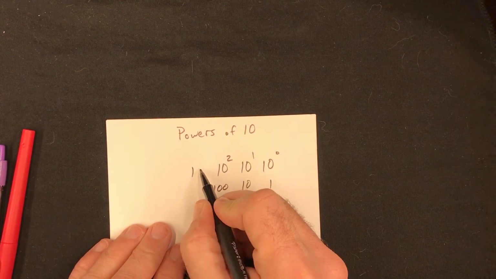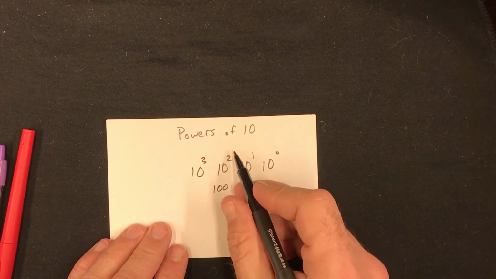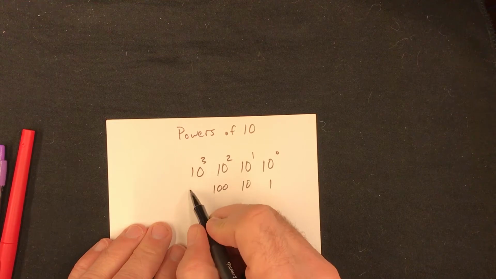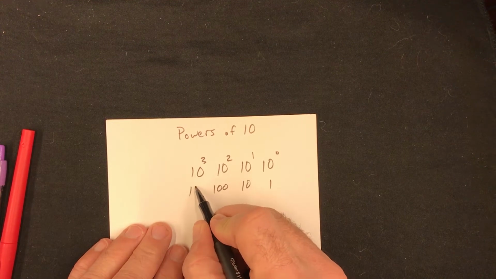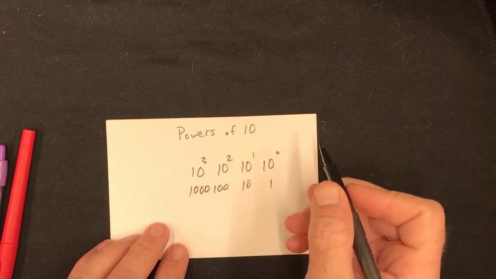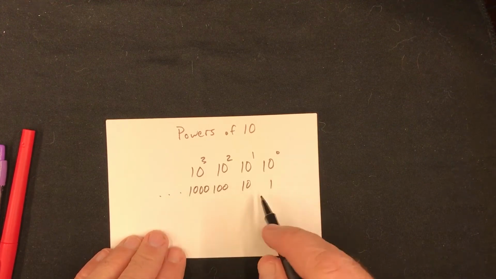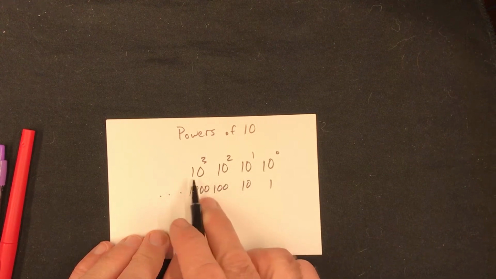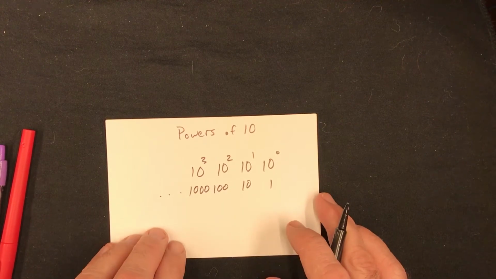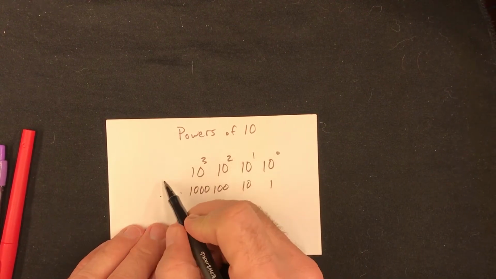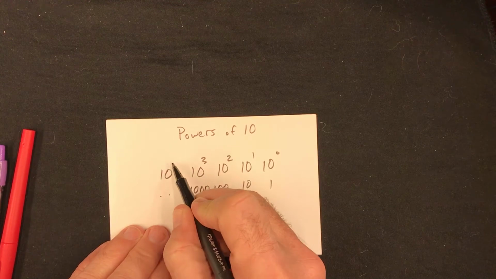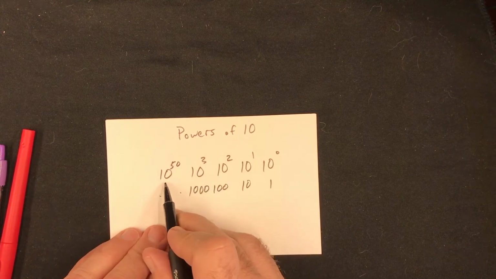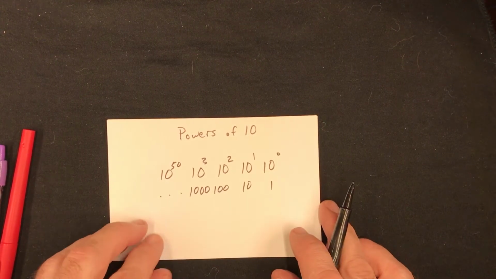So forth and so on. 10 to the 3rd power, 1 with 3 zeros, or 1,000, so on and so on. So in powers of 10, the exponent represents the number of zeros after the 1. So 10 to the 50th power is 1 followed by 50 zeros, whatever number that is.